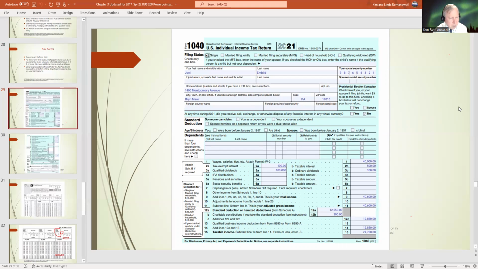So for example, as we move further down, at any time during 2021, did you receive, sell, exchange, or otherwise dispose of any financial interest in any virtual currency? So if you bought or sold crypto, or anything along those lines, I guess even NFTs, then you would put yes.